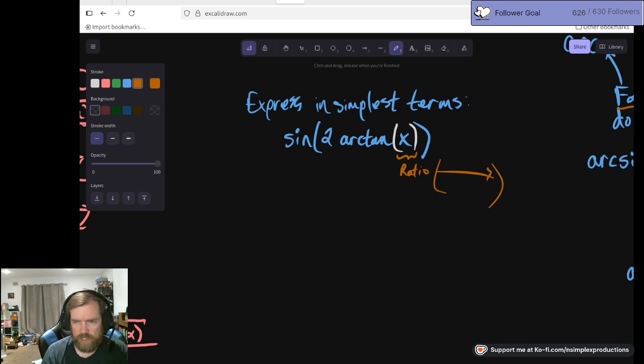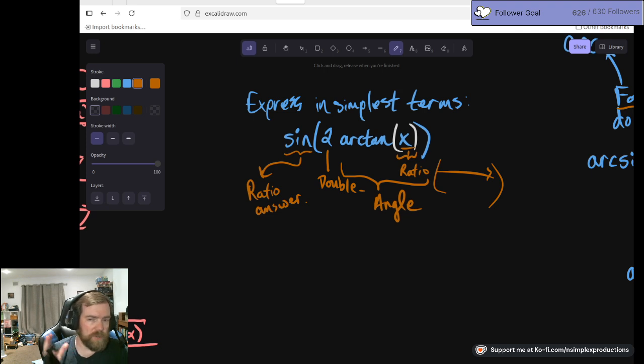So x is a ratio. It's x over 1, which is going to get us some theta when we look at the arctangent of that. So the arctangent as a whole is going to be an angle. And then we have the double angle, so 2 times that. And then we're doing the sine of something, so overall the answer should be a ratio.